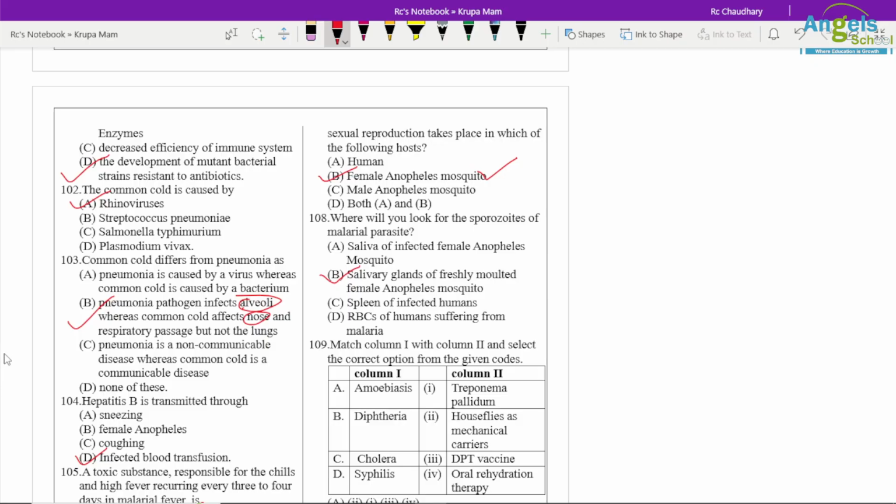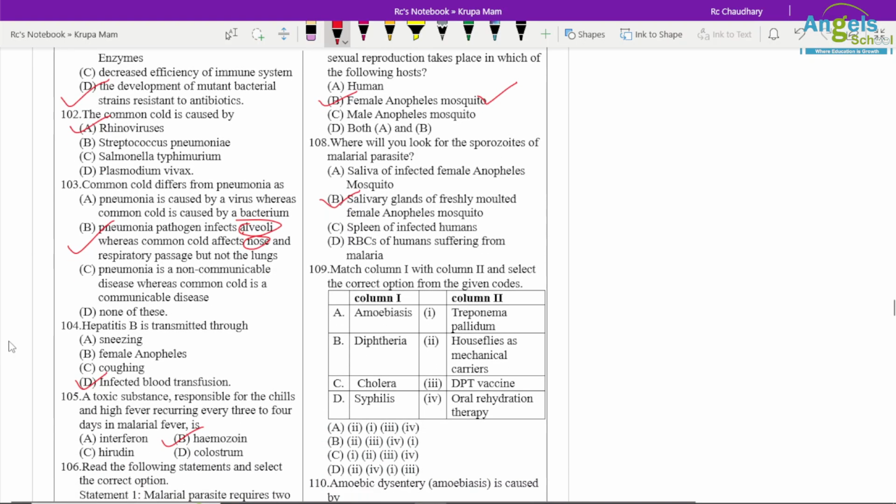Option B is correct. Amoebiasis, housefly is a mechanical carrier. Diphtheria, DPT vaccine, cholera, we have to give oral rehydration therapy, and syphilis is from Treponema pallidum. So option B is correct.